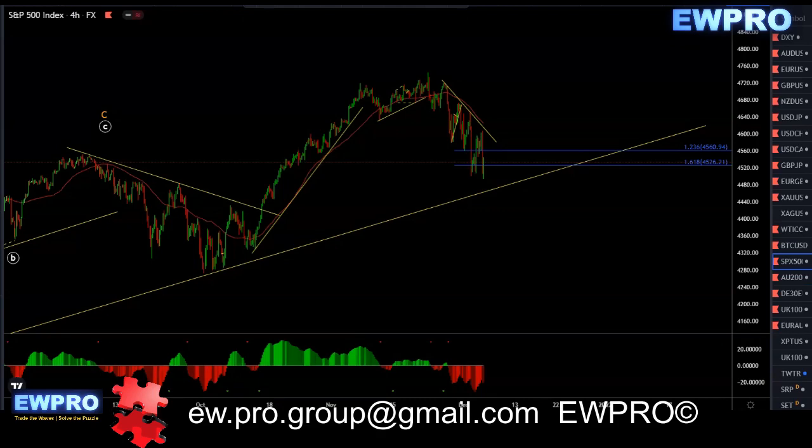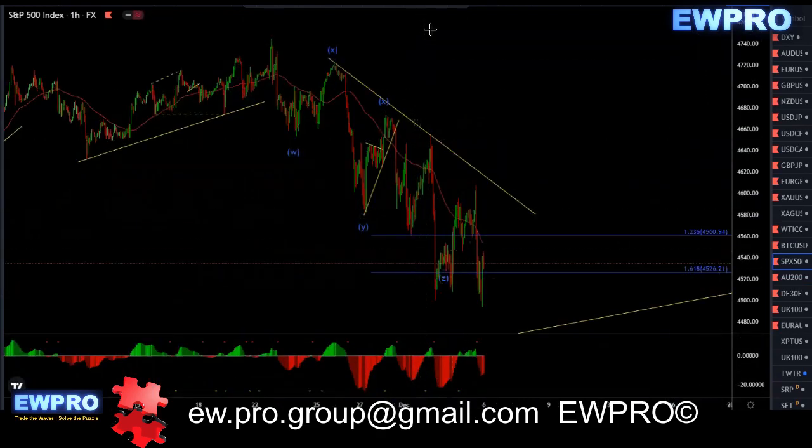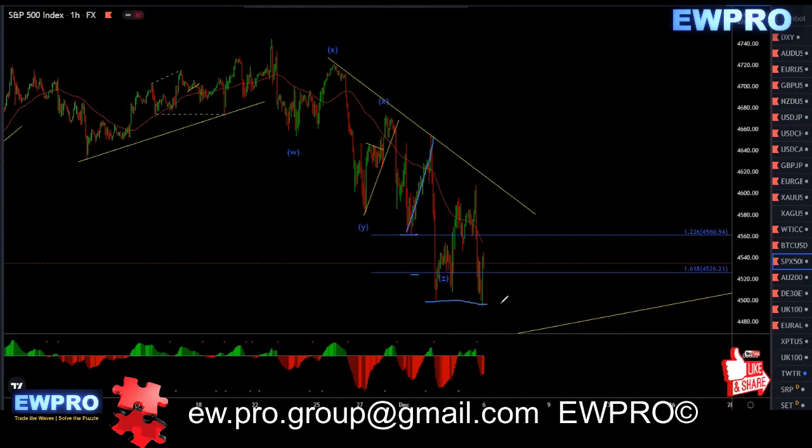If we go down to the H1, we got that Z down, the first target, and it's come back and hit the second target as well after we got a really deep correction. We're starting to get bullish divergence now. I'd be waiting for a trend line break, an A, and then trading it as a C up and possibly more downside.